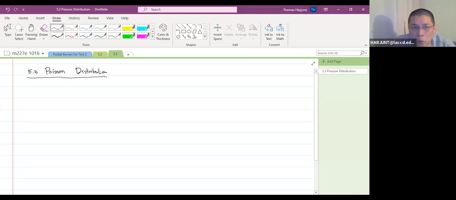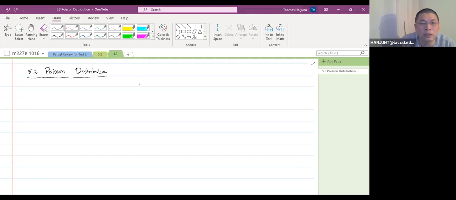So if you look at my old tests, you may not see any problems from Poisson distribution. That's why in your quiz that you need to turn in next week, you have one question with Poisson distribution, at least to train you on what to expect to see. If you have a chance to look at my spring 19 test, you will see Poisson distribution there also. I started from spring 19 when I taught Poisson distribution.